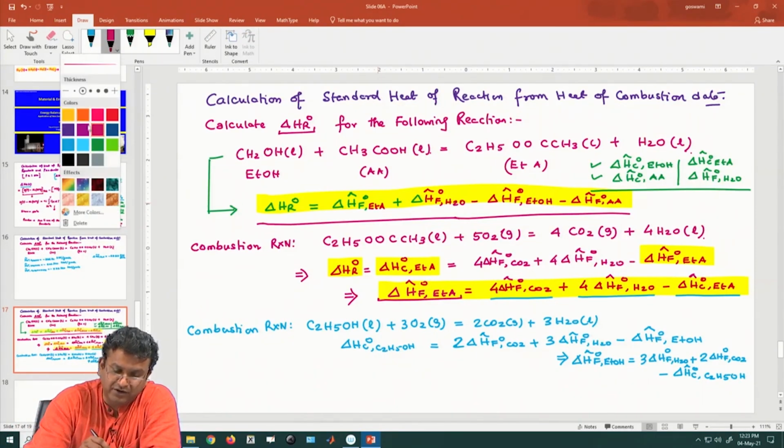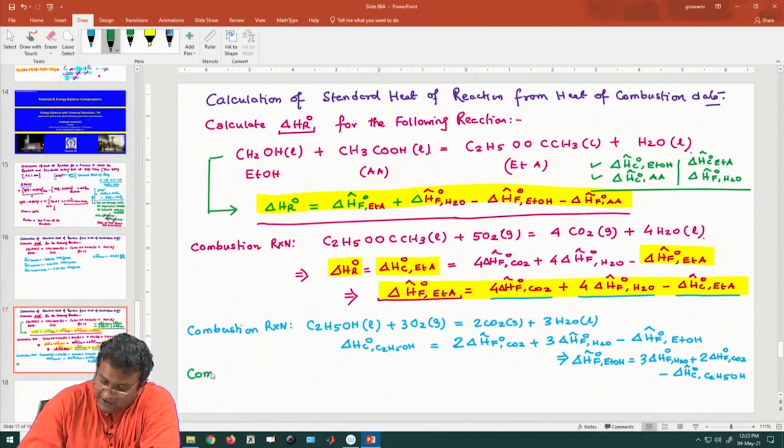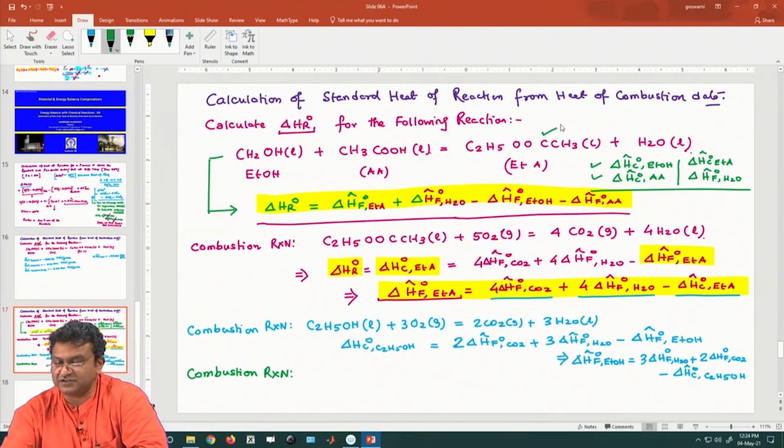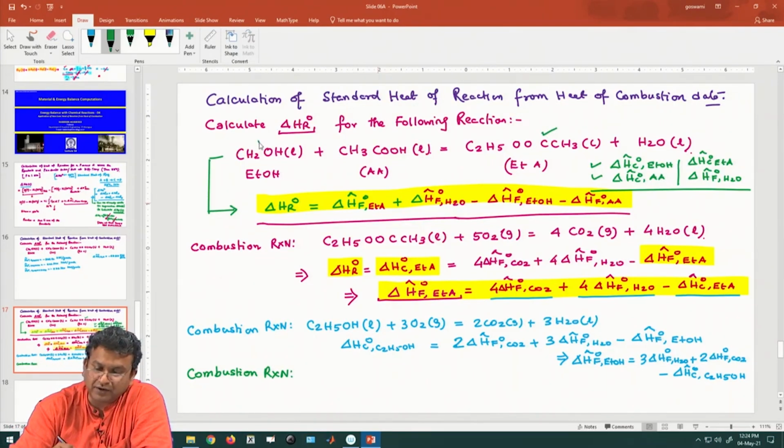And similarly, let me write it, let us not rush. The only problem is we will have to change slide, but we will write this expression. So, the third thing that remains: we have looked into the combustion reaction of ethyl acetate and of ethyl alcohol.